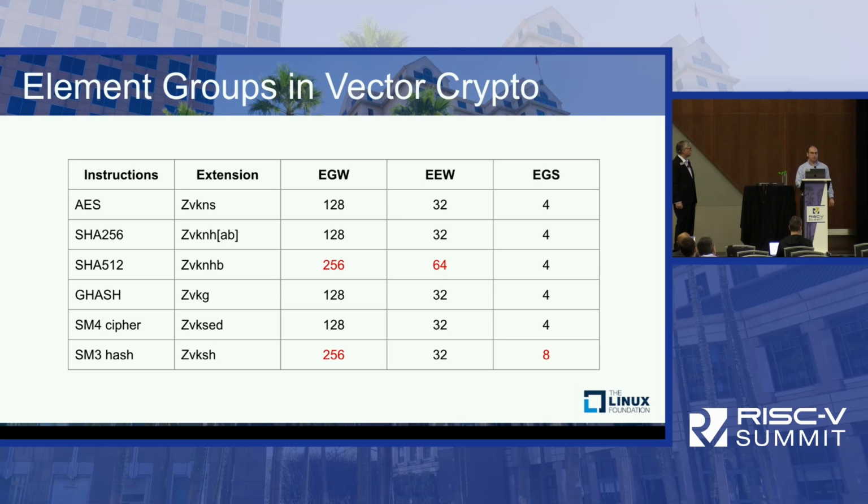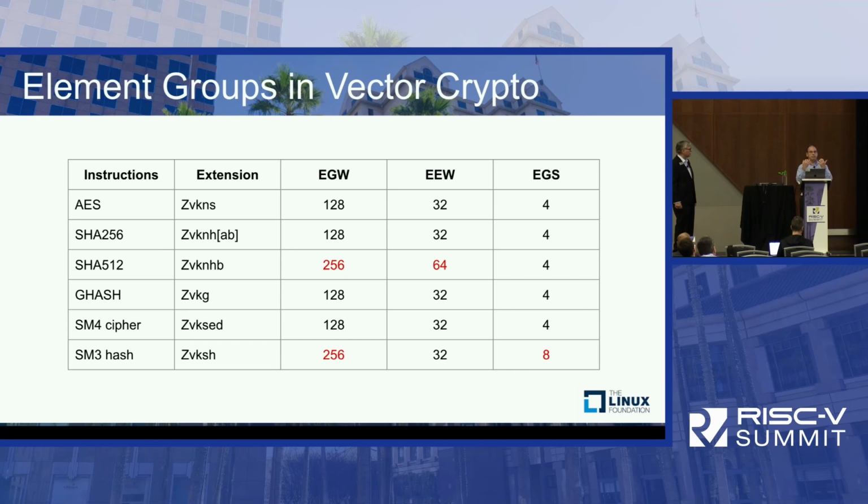Okay. So here are the actual element group sizes that are used in vector crypto. For AES instructions, the element group width, really the data size, is 128 bits. The effective element width is 32, and the element group size is 4. And you may be wondering, why did we do 32, or in some cases 64?